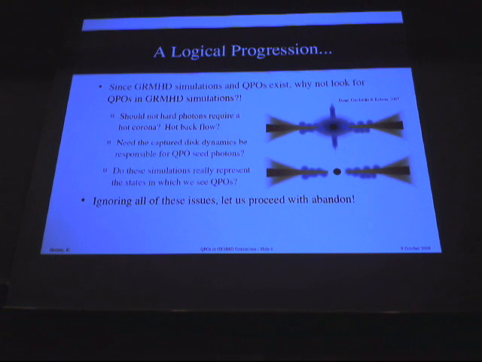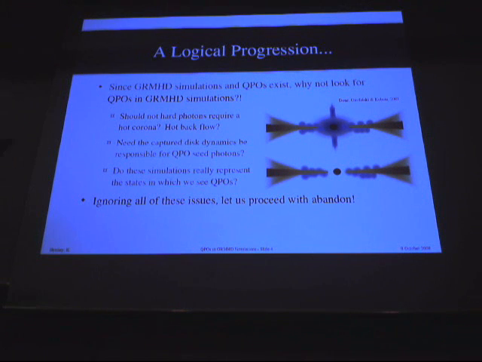The answer is no. We don't really see the generation of a corona in these simulations. There might be a hot backflow that could be responsible, but nonetheless, at least in our simulations, we don't think we're seeing the development of a corona that could be responsible for those Compton upscattered photons.